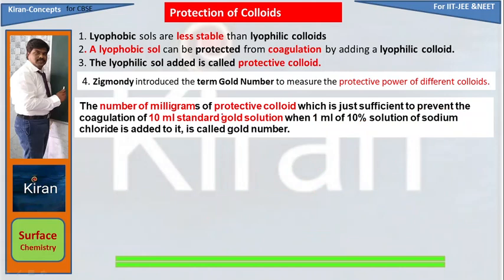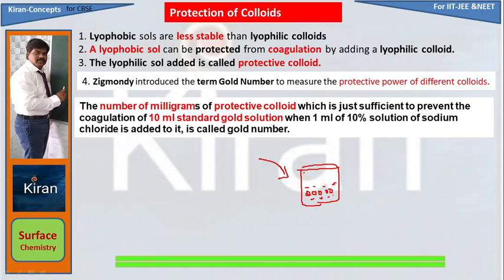So finally I am going to tell you the definition. The number of milligrams of protective colloid which is just sufficient to prevent the coagulation of 10 ml of standard gold solution. To prevent the coagulation, how many milligrams are you going to add?